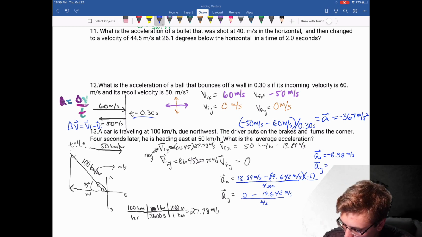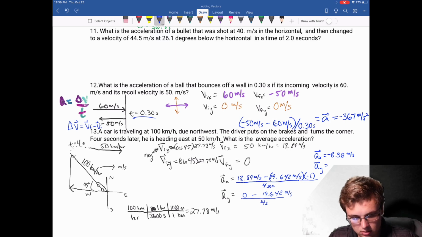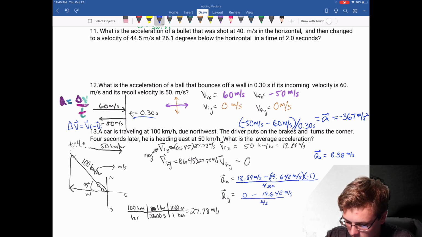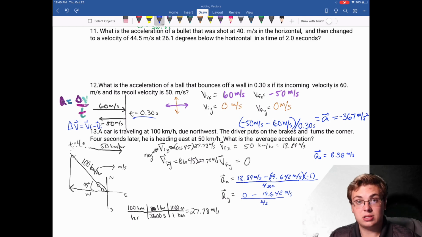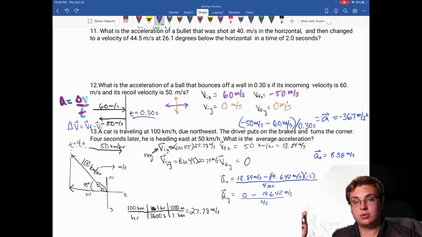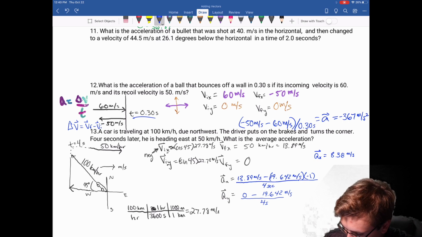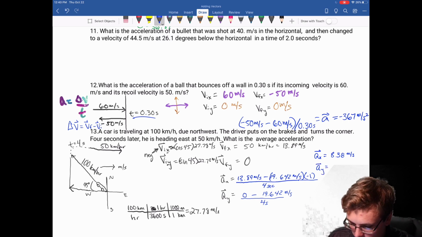Ay equals negative... No, I was right. I did not drop my negative. I typed it in the calculator. Sorry. This will be positive, because if we're starting left and we're going right, we have to accelerate in the right direction. And our ay is going to be 4.91 meters per second squared.